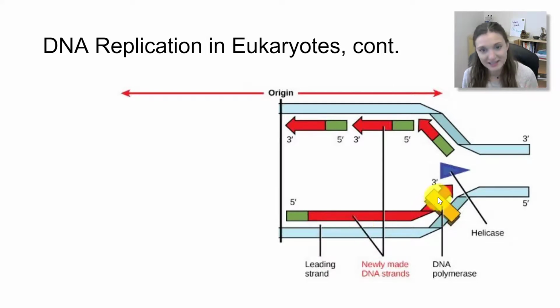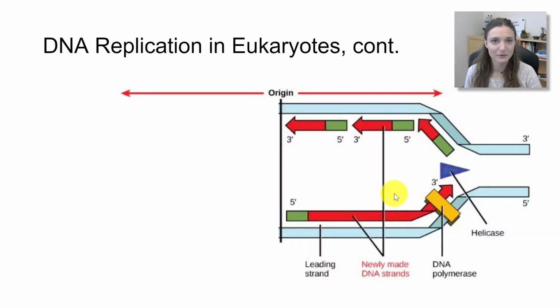So on one strand, DNA polymerase can follow right behind DNA helicase. On the opposite strand, DNA polymerase has to synthesize these sections in small pieces, and we call that the lagging strand. The strand that's synthesized in one continuous piece is the leading strand.